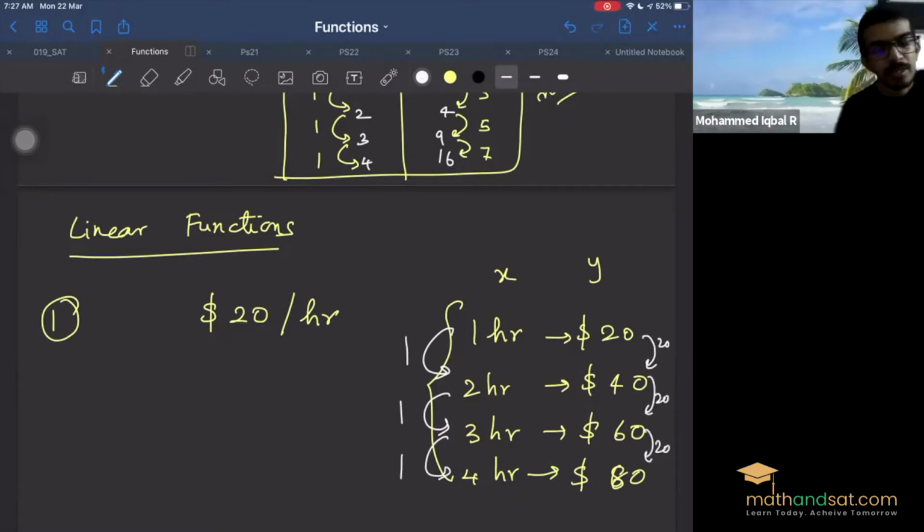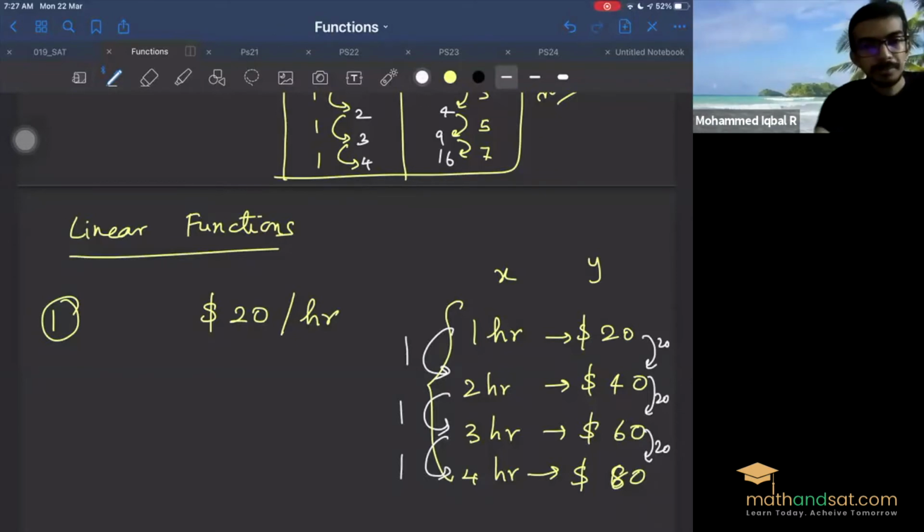So does that represent a linear function? The number of hours you work and how much money you make, this is a relationship between these two. Is that a linear function? Tell me, please.